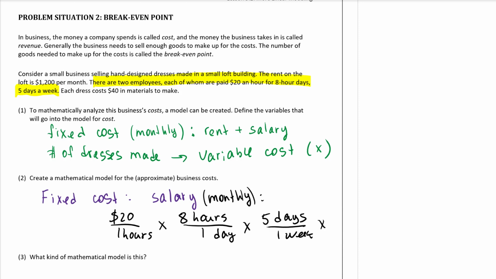And they're working for 4 weeks in 1 month. And there are two of them. Let's grab a calculator and multiply. You see the bottom is all ones, so we just need to multiply these numbers on a calculator. Give me a moment. So we're getting $6,400.